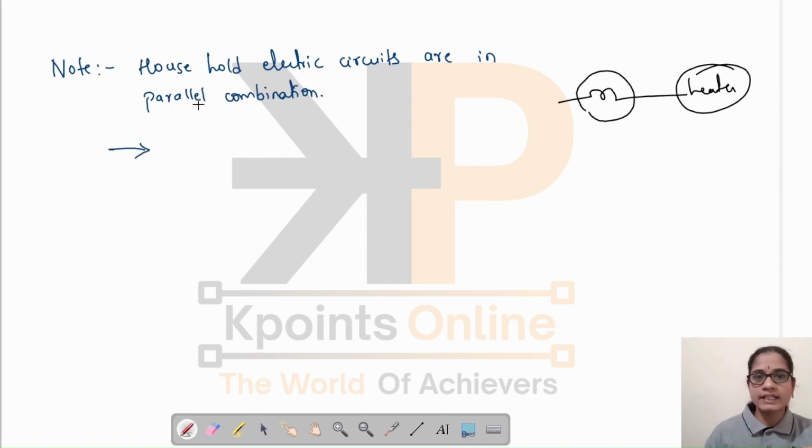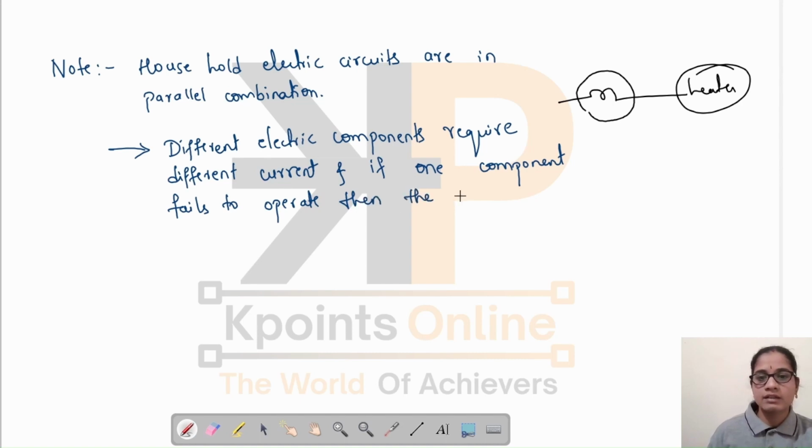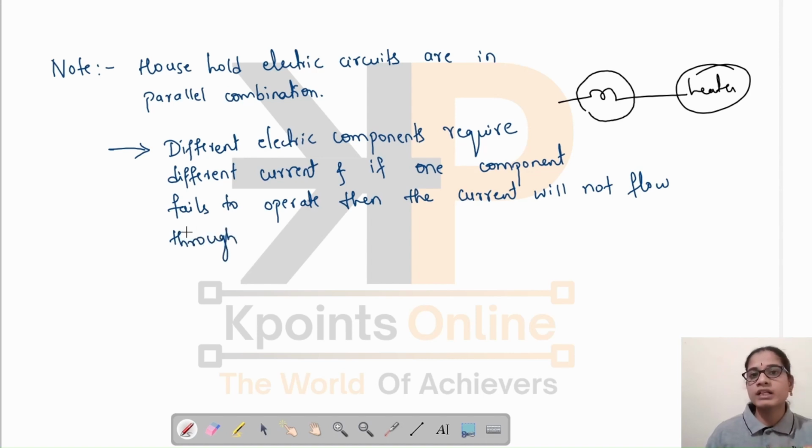It is mainly due to the reason that different electrical components require different currents, and if one component fails to operate, the current will not flow through the circuit, because the circuit will become incomplete.